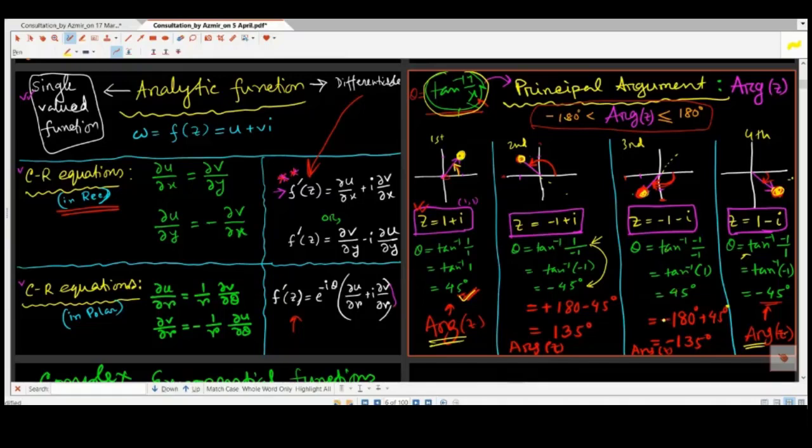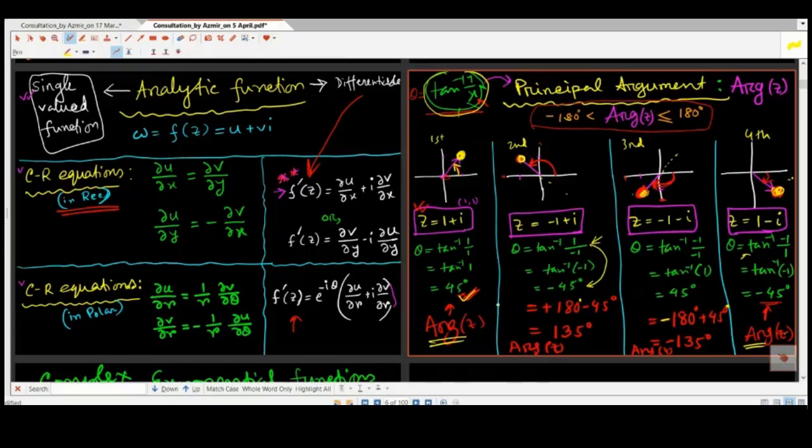So whenever we have the third quadrant, we have to add negative 180 degrees to the result. Then you will get the principal argument. So for the second quadrant, add plus 180 degrees. For the third quadrant, add minus 180 degrees.